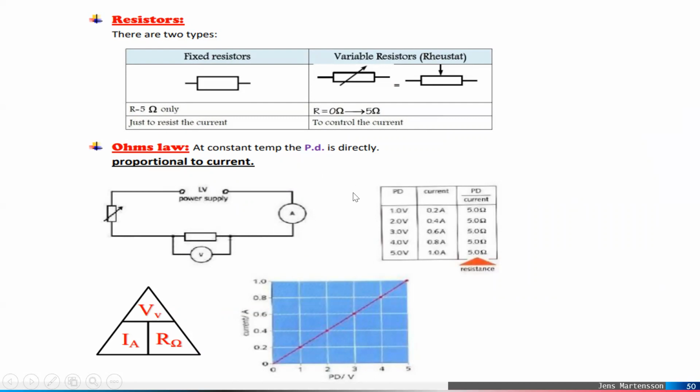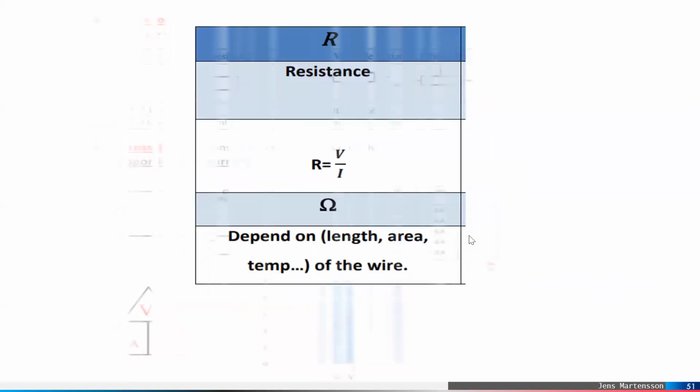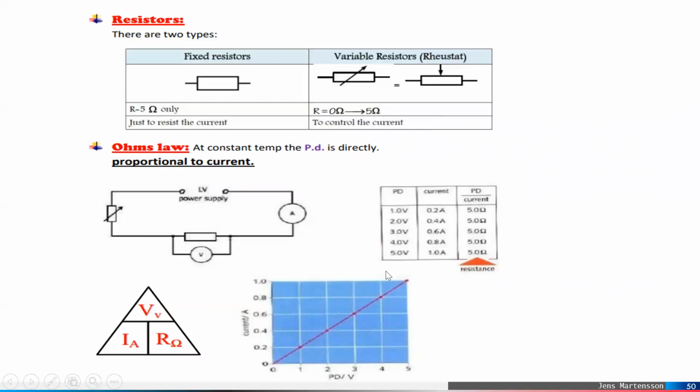You will take different readings for the current using an ammeter and different readings for the voltage using a voltmeter. And finally, you can calculate the gradient, or the slope, of this graph, which represents the resistance.